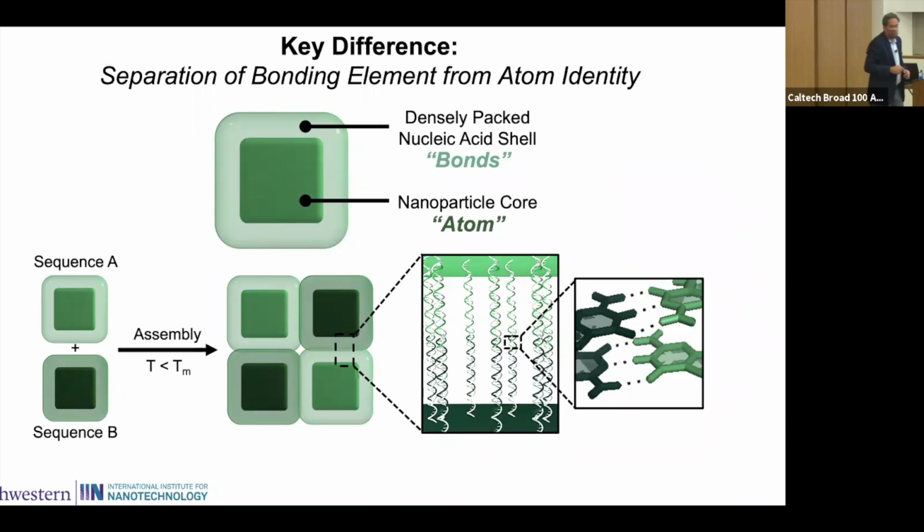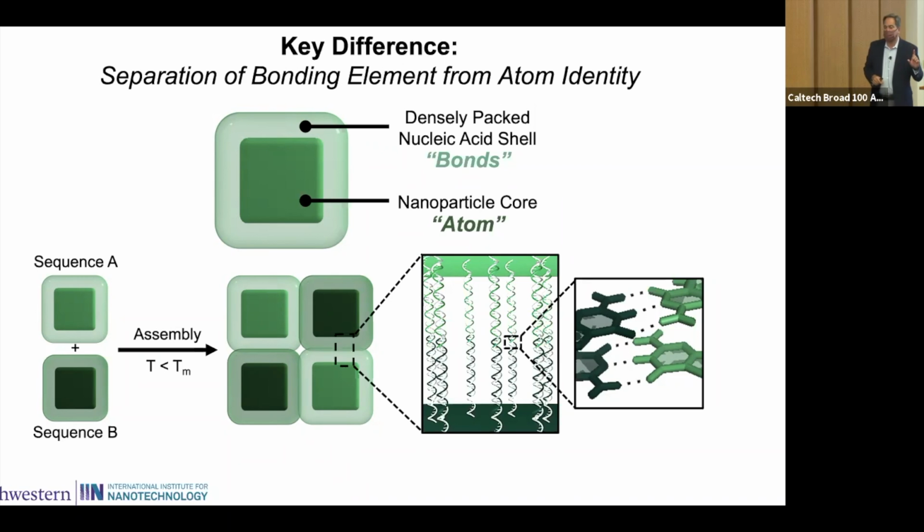Well, let's talk about the differences. So our atoms are particles, our bonds are oligonucleotides. One of the things that's important here, and this was a key in figuring out how to really do this by design, is there's a key difference. And that is the bonding element in this type of chemistry is separated from the atom identity. The DNA does not care about the compositional identity of the particle.